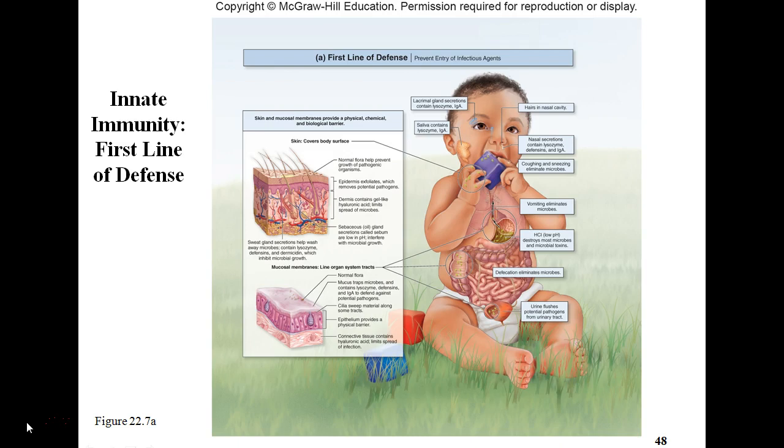This diagram specifically talks about the first line of defense we discussed earlier. So notice in this diagram we see a small child that is sort of mouthing, so to speak, on a toy. Notice how that toy is sort of covered in germs, so to speak. Things like bacteria and viruses are coming into contact with this child's mucosal linings.